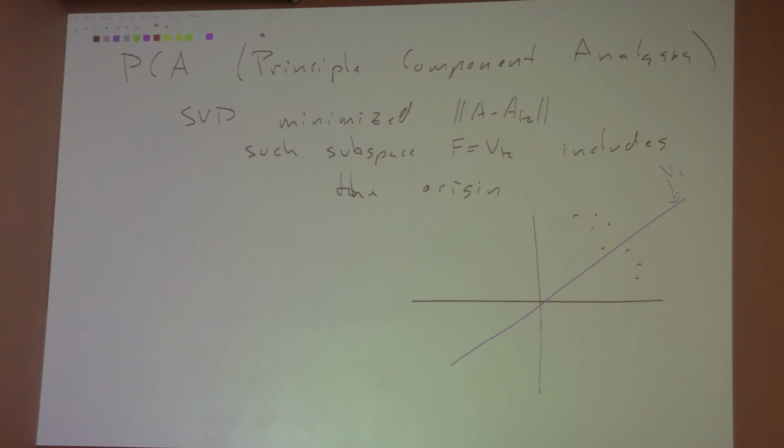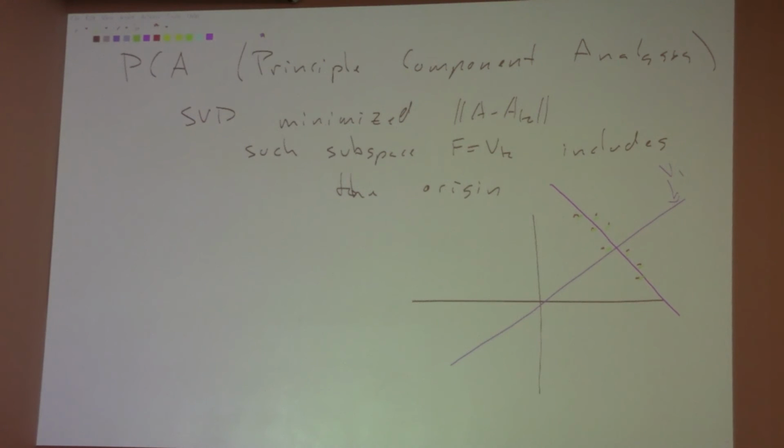But that's not really capturing your data very well. What you'd rather do is find a subspace here. I'd rather find that subspace. That does a much better job if I look at this projection. It's much better at capturing the data, this other subspace.